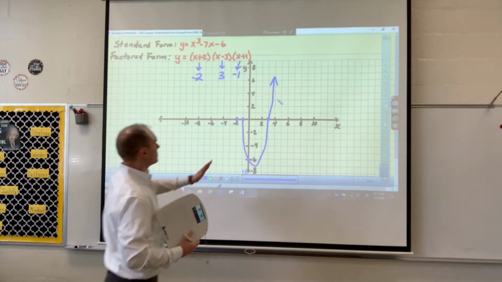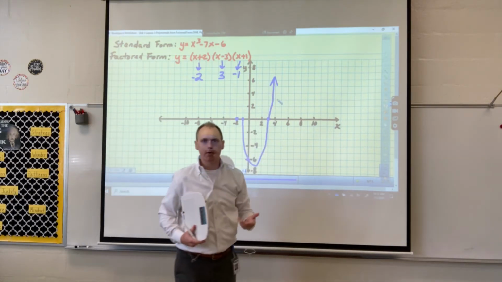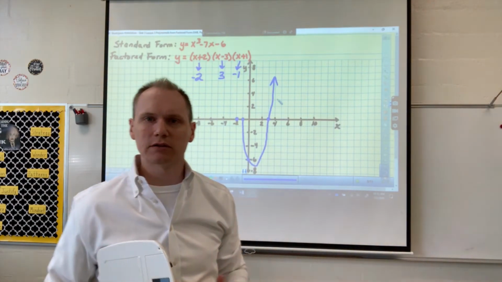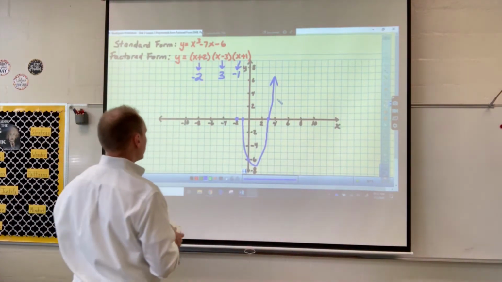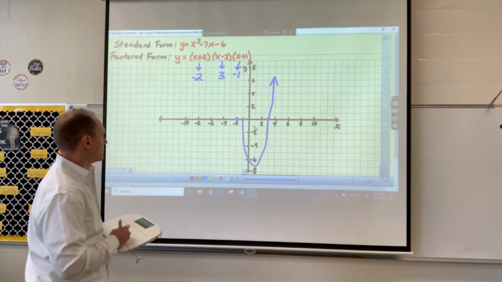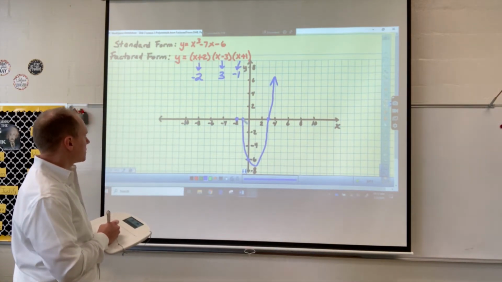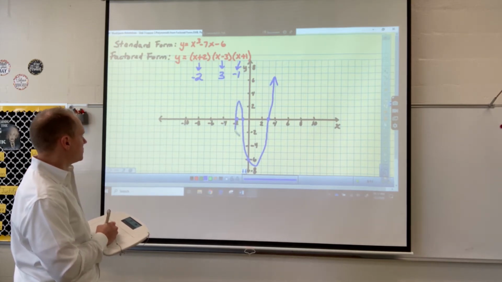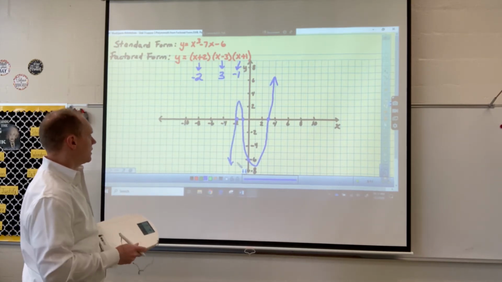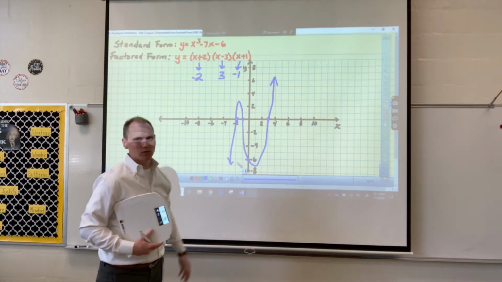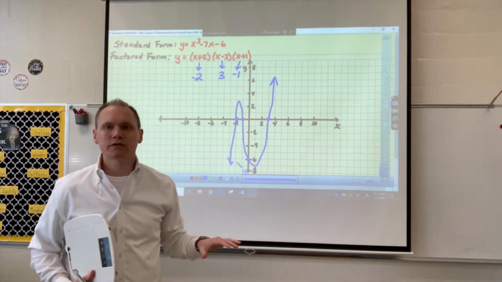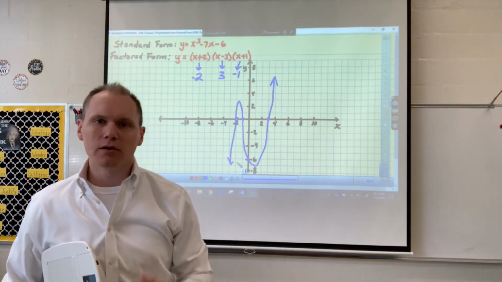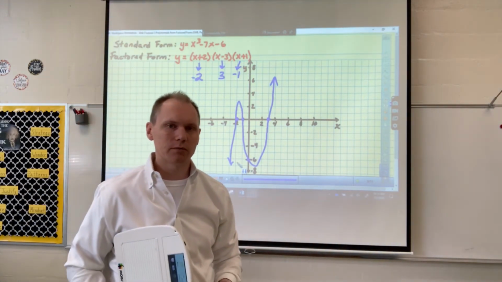So we know it's going to end up going up and to the right, and we're going to talk more about end behavior and what it does past our x-intercepts later, but we can see that general idea coming through here. Then it's going to come up, and then come back down through this x-intercept of negative 2, and then go down forever and ever this way. So it's a very rough sketch of this graph, but some main things that we can definitely tell are the x-intercepts and the y-intercept.